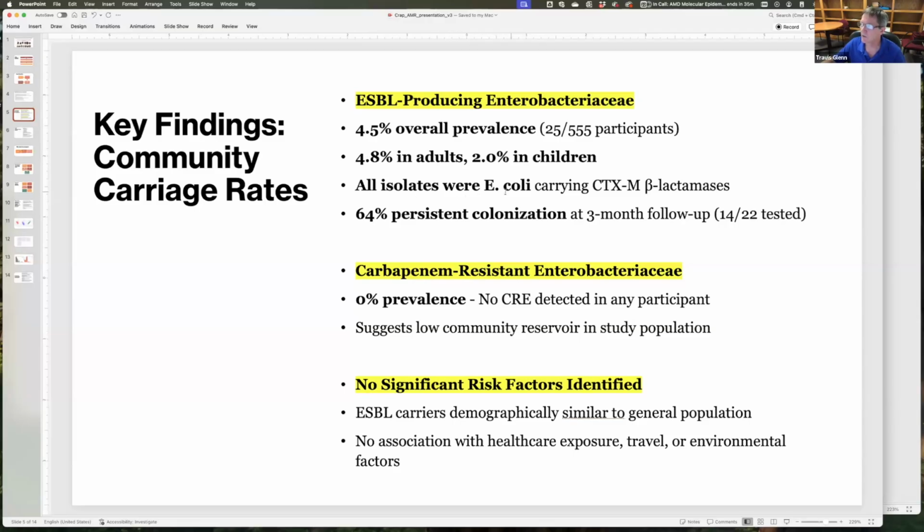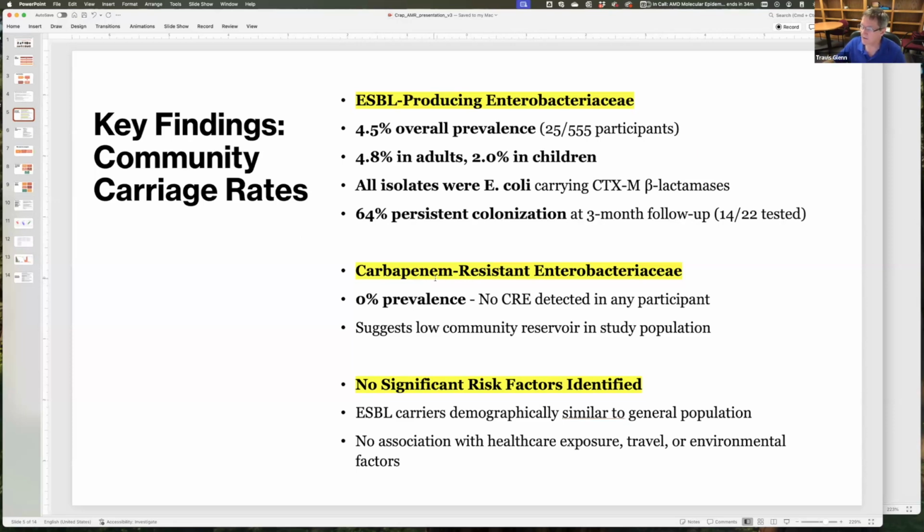All of the isolates were E. coli, and they were all CTX-M beta-lactamases. We had repeat sampling for most of those individuals identified with those ESBL infections, and about 2/3 of those were still present 3 months later.